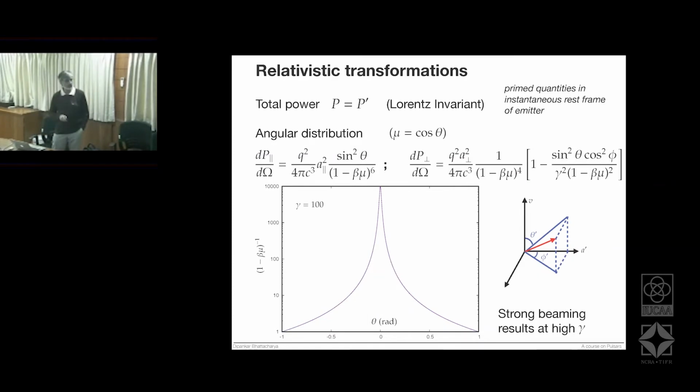This is for gamma equal to 100. The typical half power width here is at 1 by gamma. That's why people say that radiation is beamed within a small 1 by gamma angle. It's not that the radiation is not there at other angles, but the intensity falls rapidly as you go away from that.